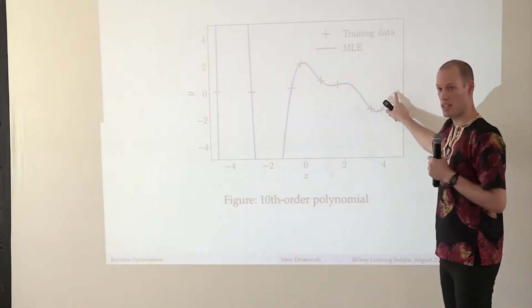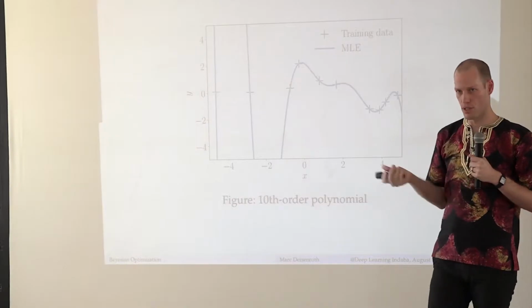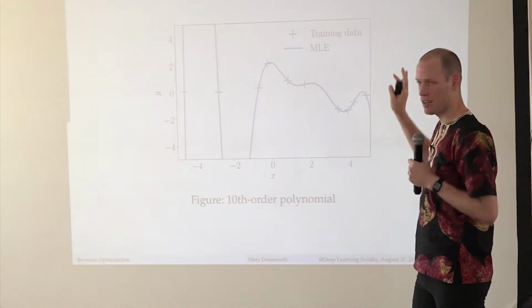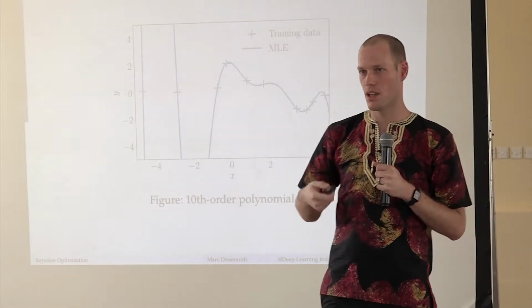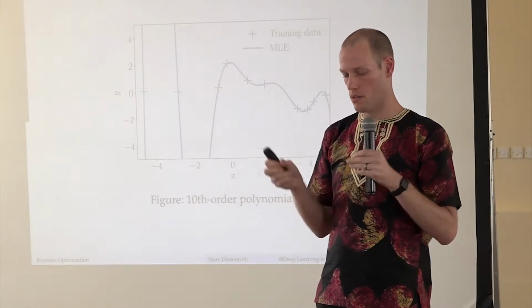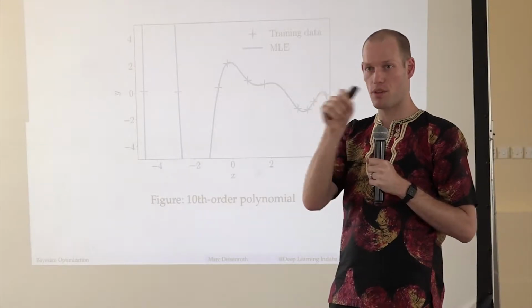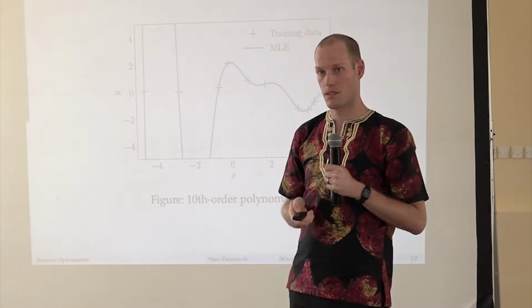But if we have only 6, 8, 10 data points and we go for a 10th order polynomial, then there's too much freedom. If there wasn't any noise, maybe that would actually work. But there is noise in the data, and then you start finding signal in the noise because you minimize the squared distance between your noisy function values and what the mean of your model predicts.